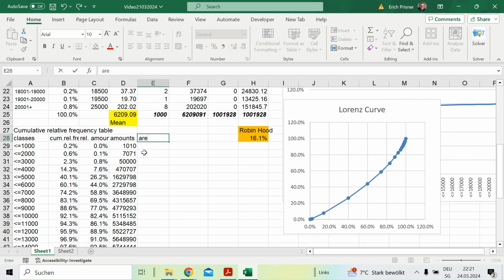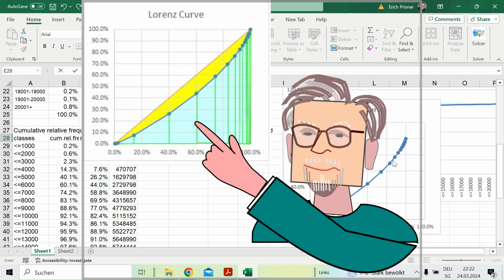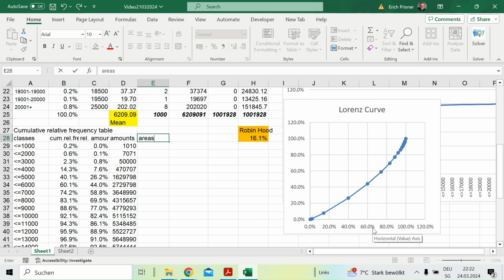So we make a column for the areas, and then we add these areas to get the total area below the Lorenz curve, and then the area between diagonal and Lorenz curve is 0.5 minus area below, because the area below the diagonal is 0.5. So that's what we do.